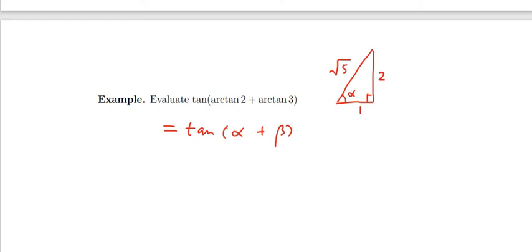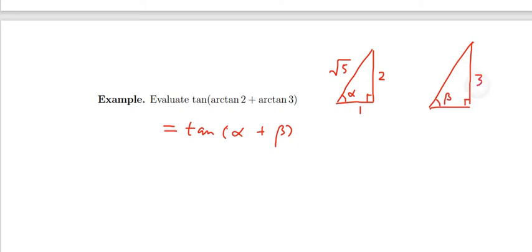So we call this alpha is arctangent 2. And the other one is arctangent 3. So suppose this is beta. So for this beta, this angle, tangent is 3.